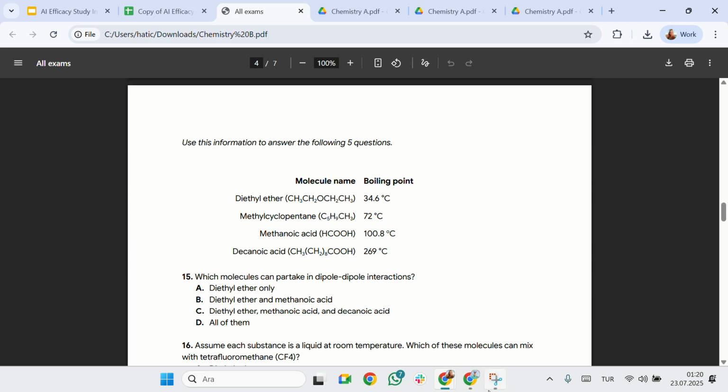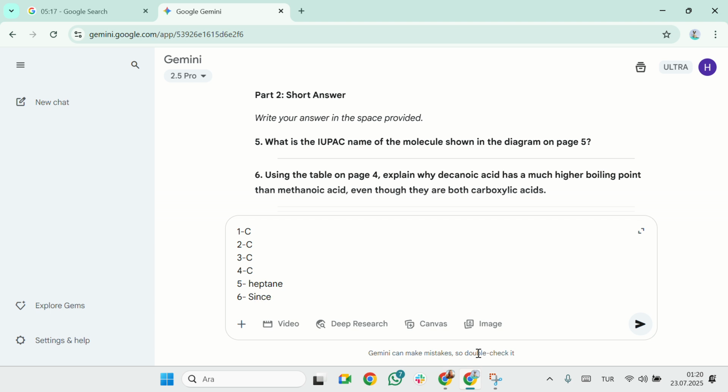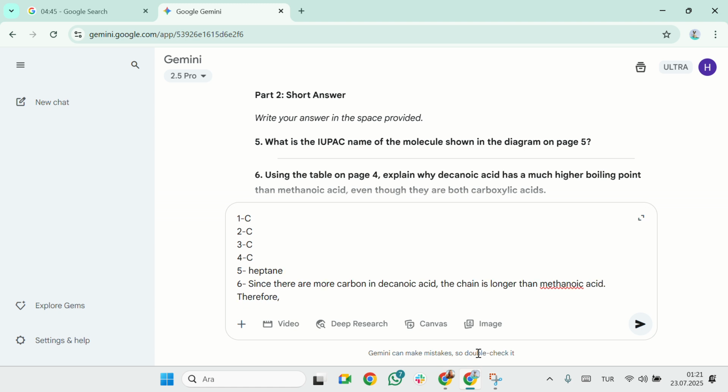Okay, so since there are more carbons in decanoic acid, the chain is longer than methanoic acid, therefore more LDFs are present in decanoic acid, which results in higher boiling points.